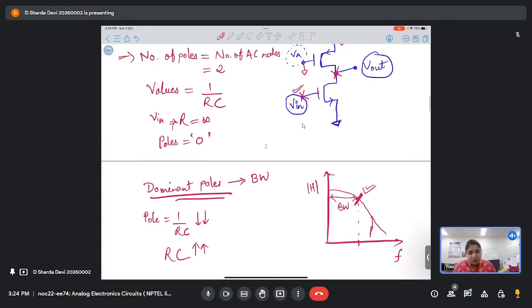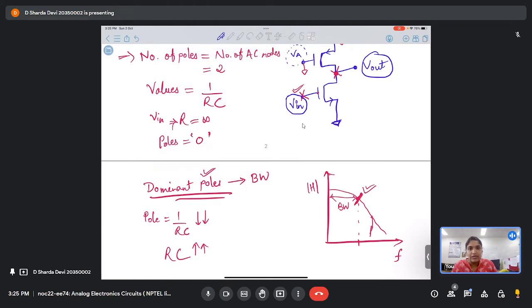So the basic idea is, when we are asked to find the dominant pole, or the bandwidth of your circuit, or the point till which your circuit does not show any deterioration or your gain is constant, it is pointing towards this dominant pole that we were discussing. For that, first things first, we go on checking all the AC nodes in our circuit.